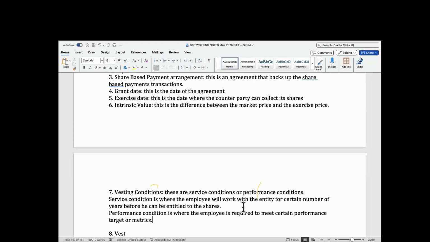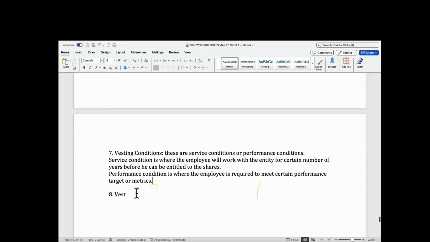That's performance conditions. These are usually the conditions attached to share options or share-based payment transactions generally. As soon as these conditions are met, then the options will vest.